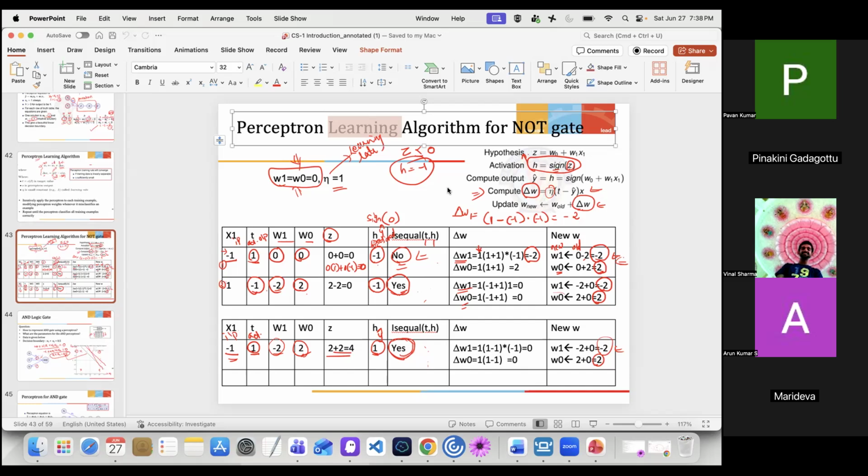Then you update the weight in such a way that the loss is minimal, so that next time when you input that value, your output will be nearer to your expected value. So it is learning. You're learning the weights here. What is the correct weight, in this case for the NOT gate? What weights make the perceptron act as a NOT gate? That's what it is learning.